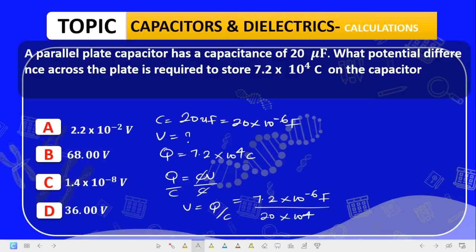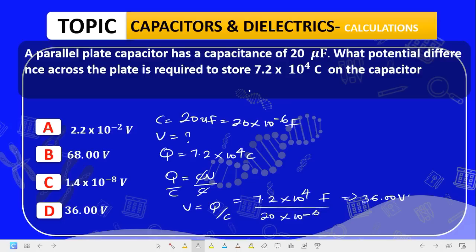Okay, this is not minus 6, this is 4. And this is 20 times 10 to the minus 6. When you simplify this, I believe this will give us 36.00 volts. Let's confirm our answers.